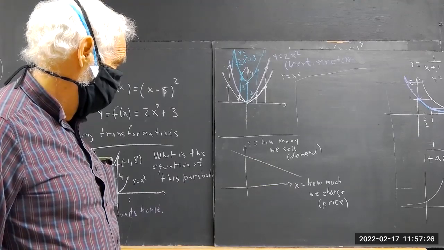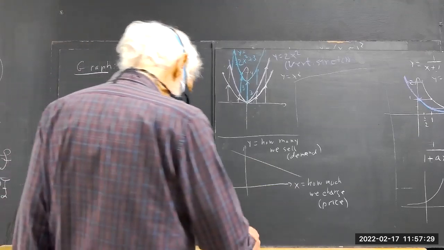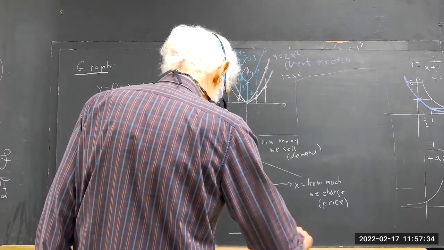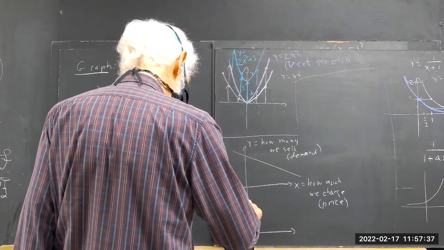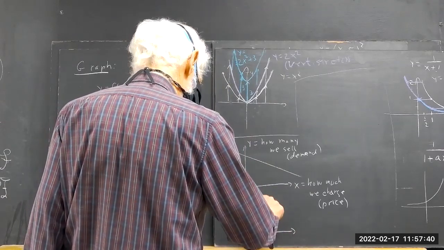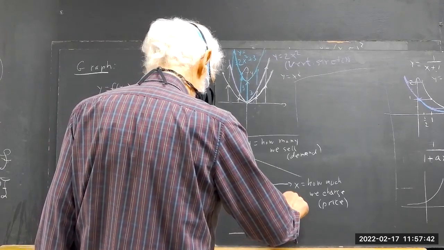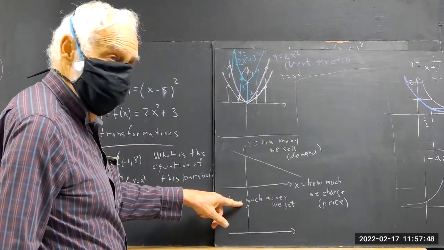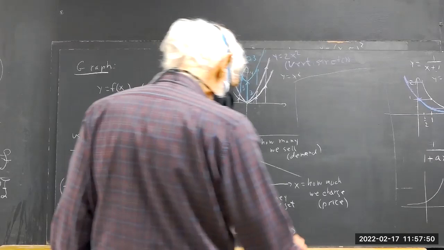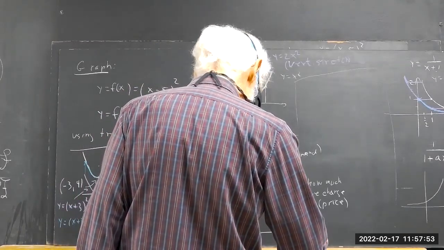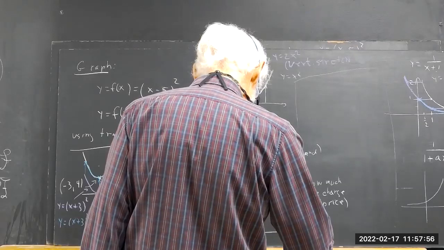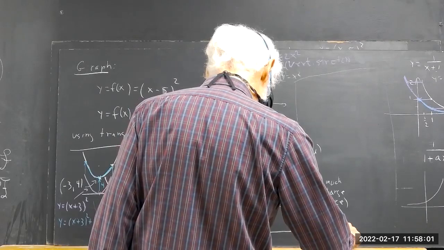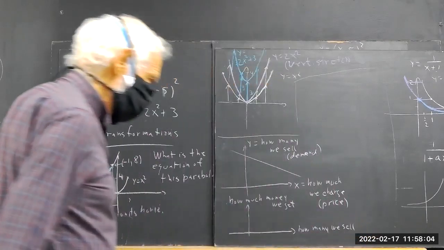Now, we also have how much money we get, versus how many we sell.